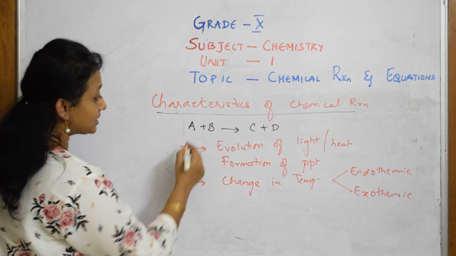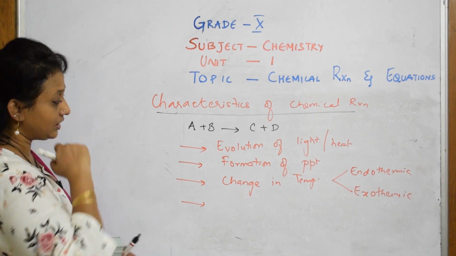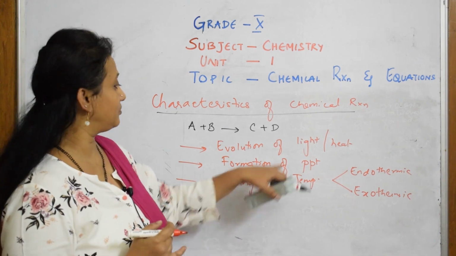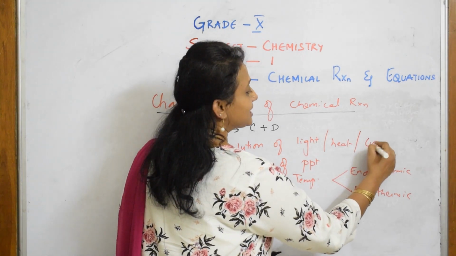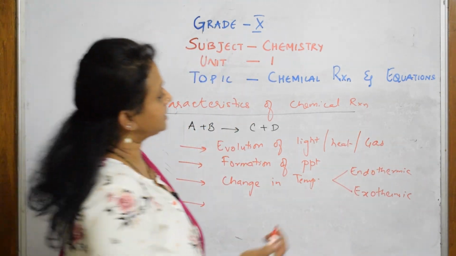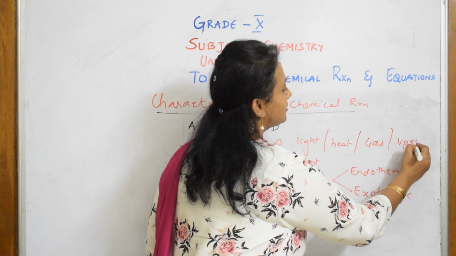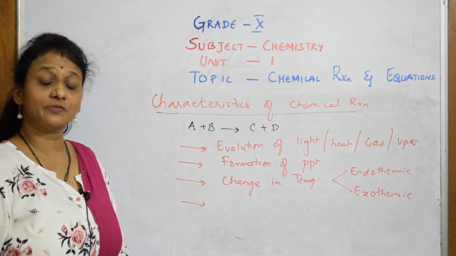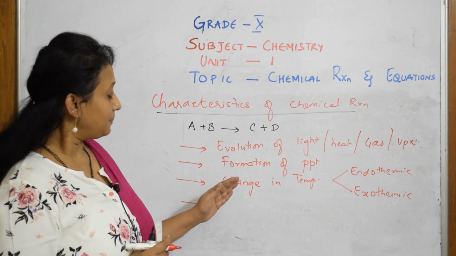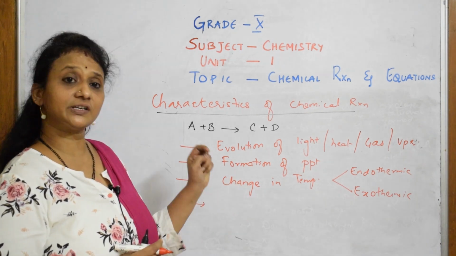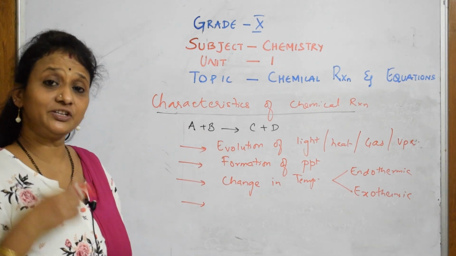So the characteristics of a reaction: formation of precipitate, evolution of light or heat, and gas or vapors, I can write this also, right? And the next important thing, there may be change in color.